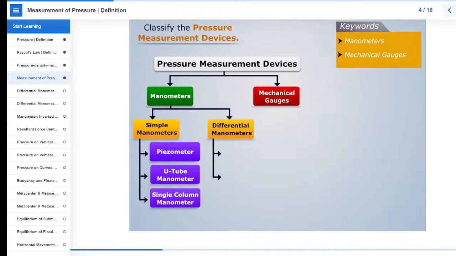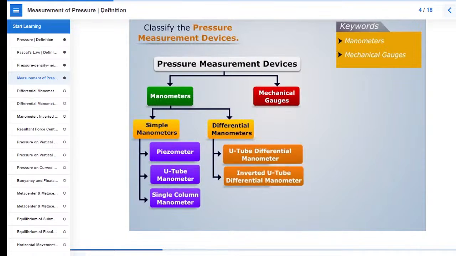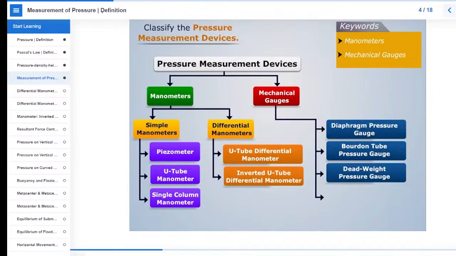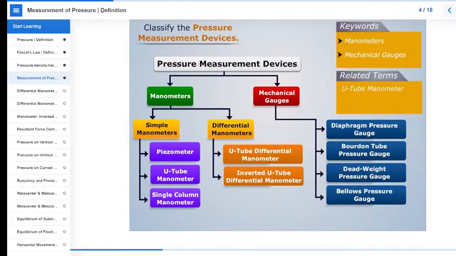Differential manometers are further divided into U-tube differential manometer and inverted U-tube differential manometer. The mechanical gauges are divided into diaphragm pressure gauge, Bourdon tube pressure gauge, dead weight pressure gauge, bellows pressure gauge. The related terms are U-tube manometer and differential manometer.